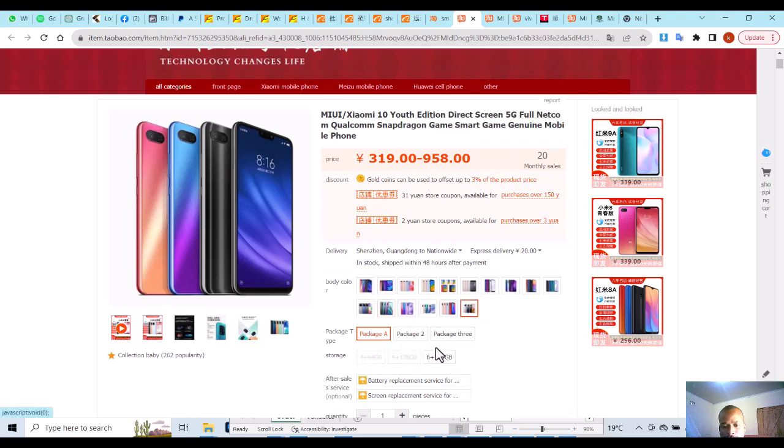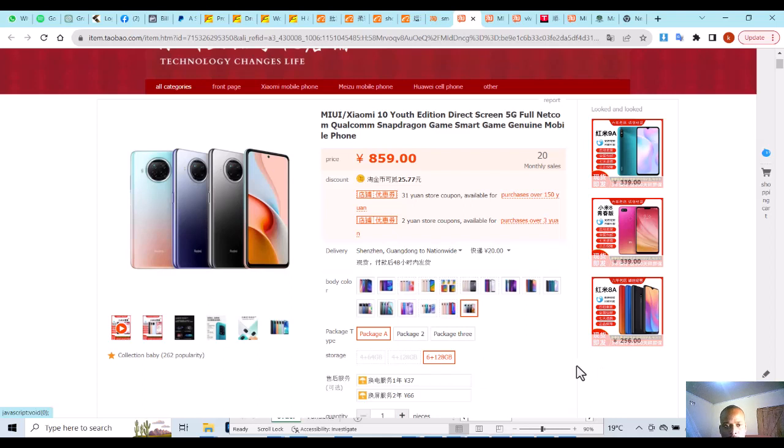Like this phone is Note 9 Pro, it's going at 589. You can convert to kwacha by multiplying by 2060 kwacha. That's the black market exchange that I am using now.